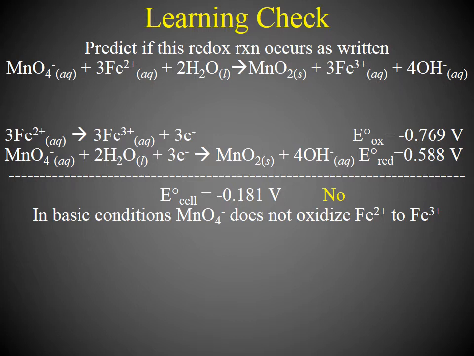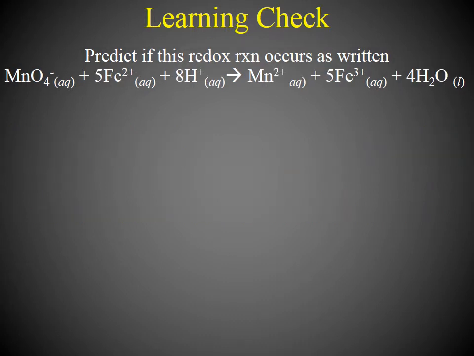So in basic condition, a permanganate ion does not oxidize. Let's see if you now can check this reaction out to see if it will work as written. So come back when you're done after pausing the presentation.